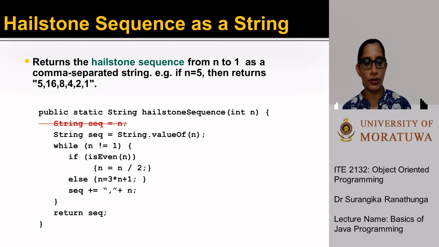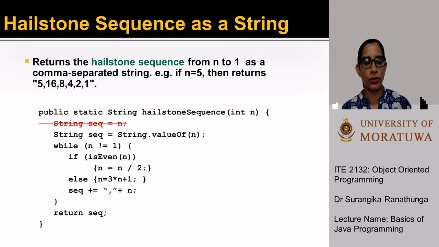However, if you just try to write like this, String sequence equals n, you will get an error because n is of the type integer, and sequence is the type of string. So they are not compatible. So you simply cannot assign an integer to a variable of type string.